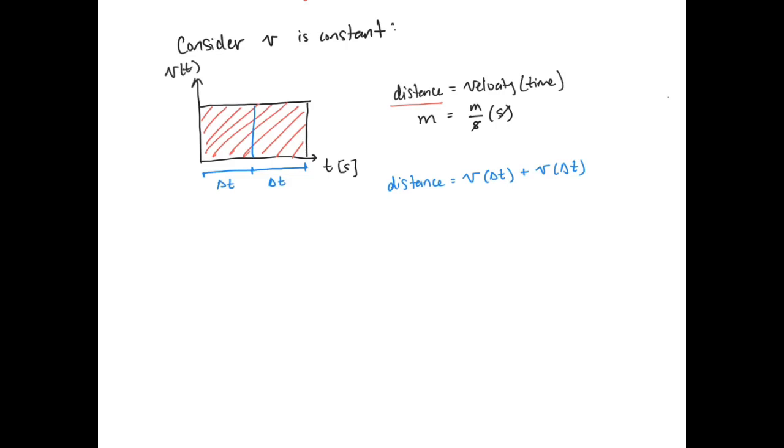It's very rare to have a velocity that's completely constant like this. It's much more likely to have a velocity that's changing with time. So let's say you're accelerating away from a stoplight and then you're slowing down to stop at the next stoplight. So let's say you have a velocity curve that looks a little bit more like this.